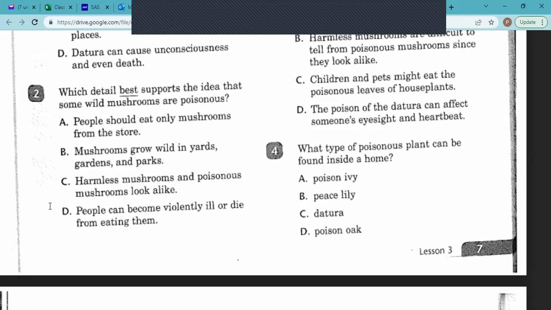C, harmless mushrooms and poisonous mushrooms look alike? D, people become violently ill or die from eating them. So you want a detail that best supports the idea of wild mushrooms being poisonous. So pause your screen and look through those choices again.